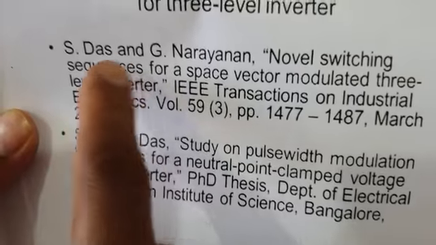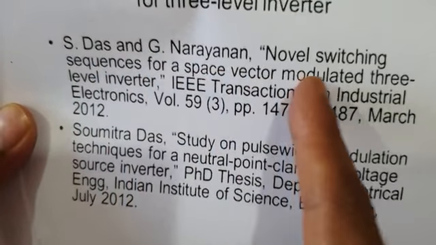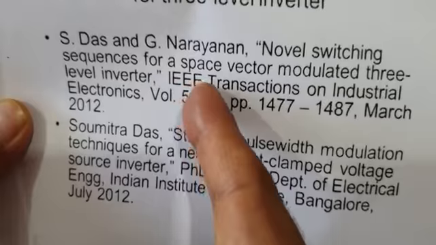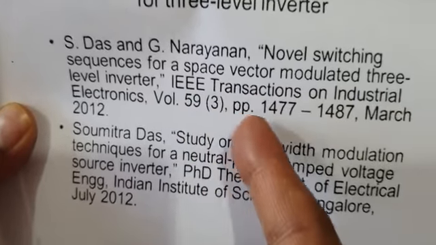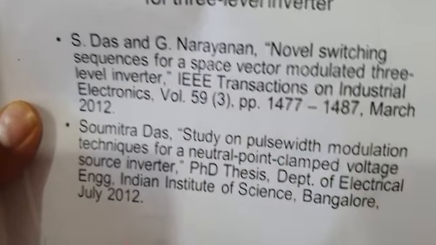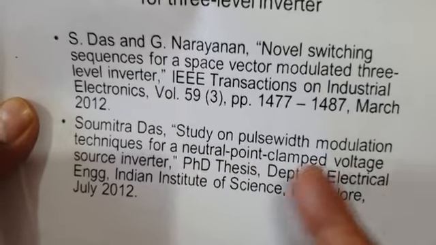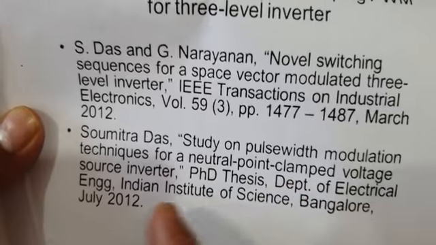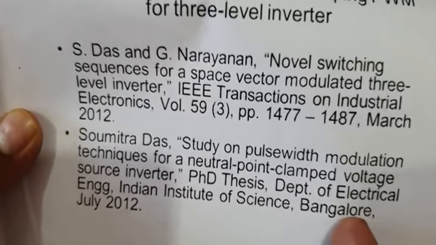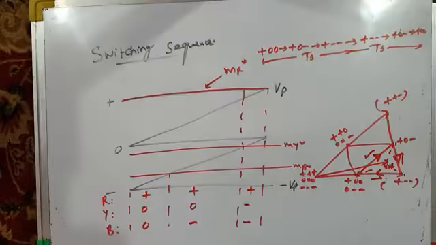The first publication is by S. Das and G. Narayanan, Novel Switching Sequences of a Space Vector Modulated 3-Level Inverter, IEEE Transactions on Industrial Electronics. Another is by Soumitra Das, Study on Pulse Width Modulation Techniques for a Neutral Point Clamped Voltage Source Inverter, PhD thesis, Department of Electrical Engineering, IISc Bangalore.